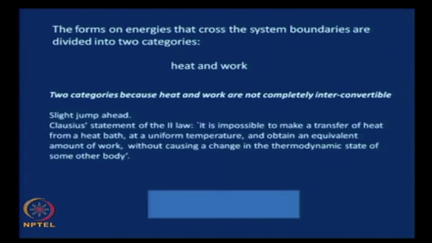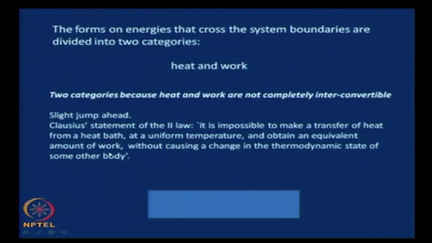To understand this a little better, let us slightly jump ahead. We are going to look at this later, but since this is a review, you have already looked at it, we can jump ahead to understand this a little better. The Clausius statement of the second law is as follows: it is impossible to make a transfer of heat from a heat bath at uniform temperature and obtain an equivalent amount of work without causing a change in the thermodynamic state of some other body.